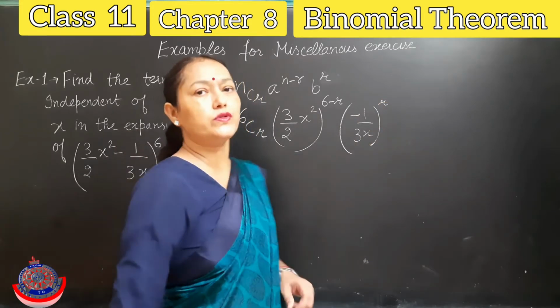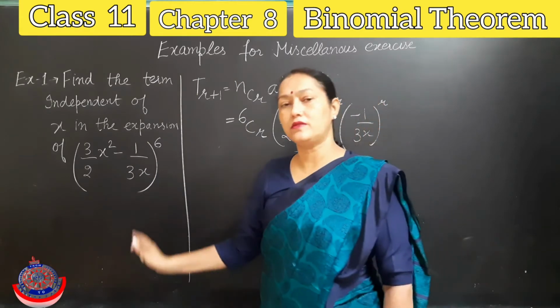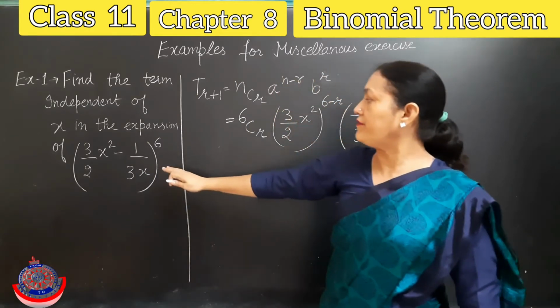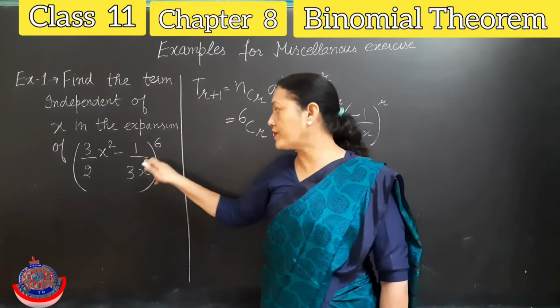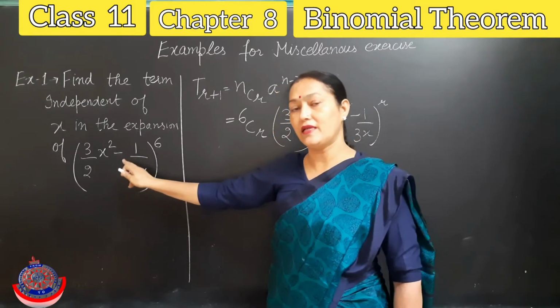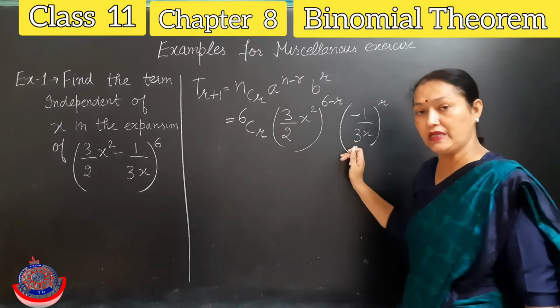I have told you that in the binomial expansion general term, when we have a plus b power n, and in case in the question you are getting minus, then minus will go with the b term only.